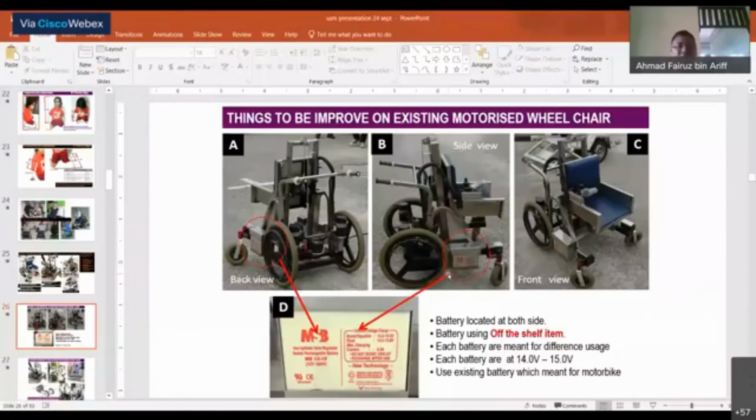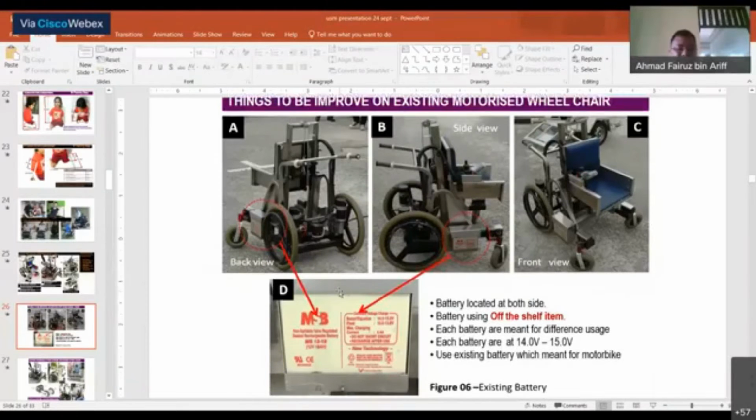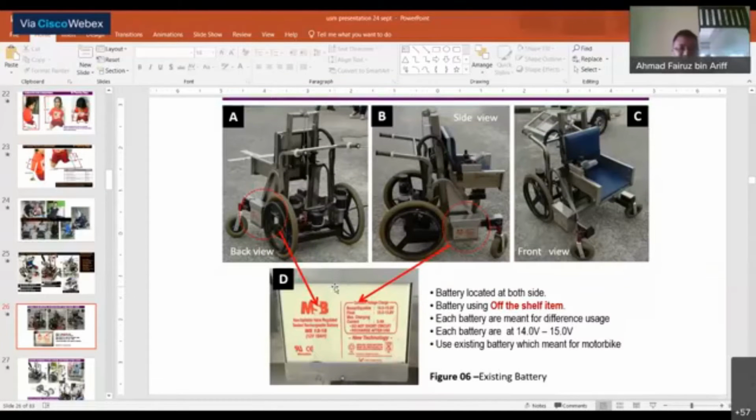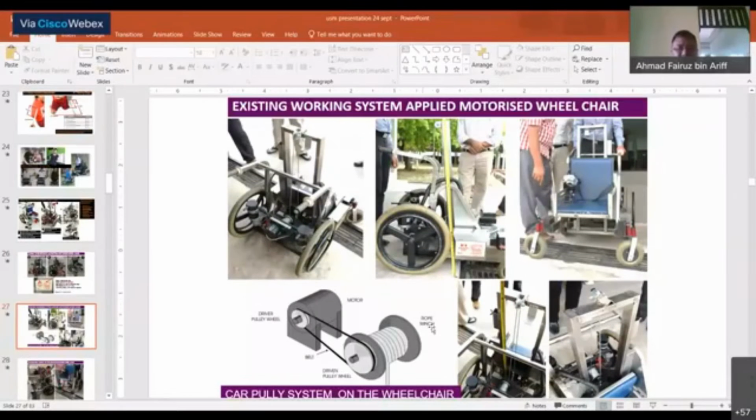Okay, this is the thing to be improved in the existing motorized wheelchair, which is the battery itself. They're using the normal motor battery, to be put at both sides, which is a bit bulky. And then this is the system that they use.